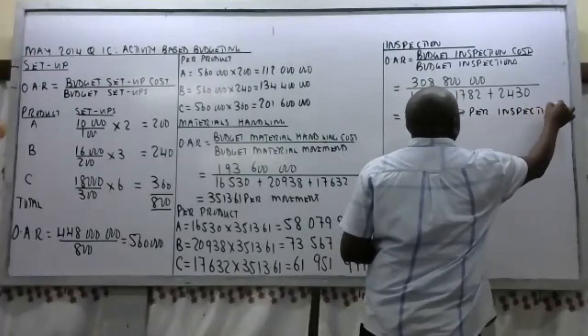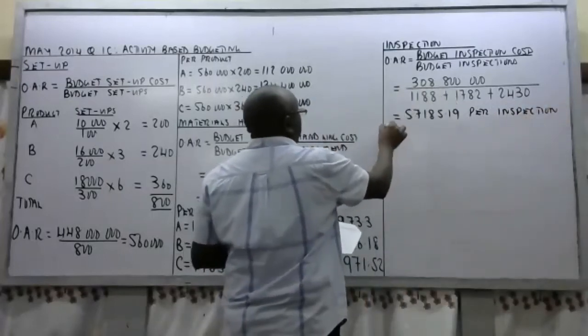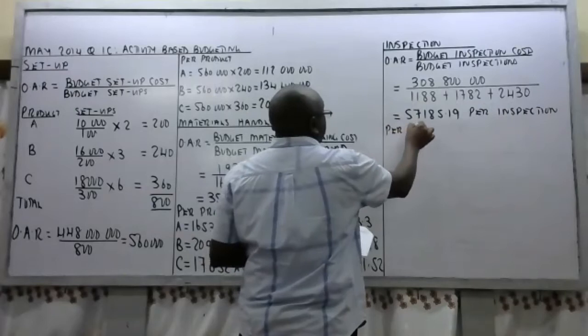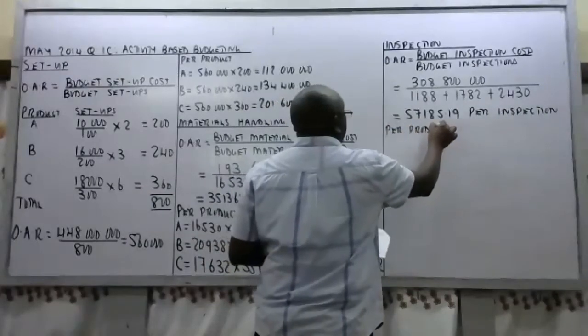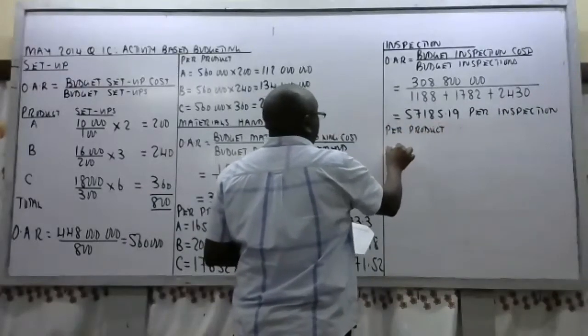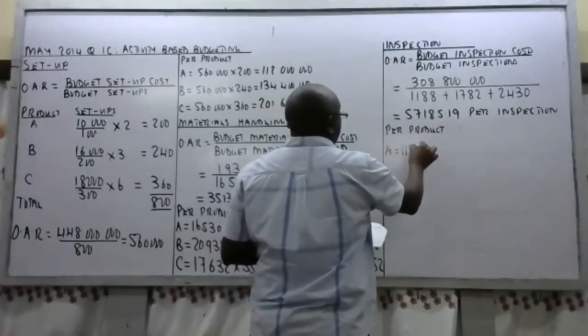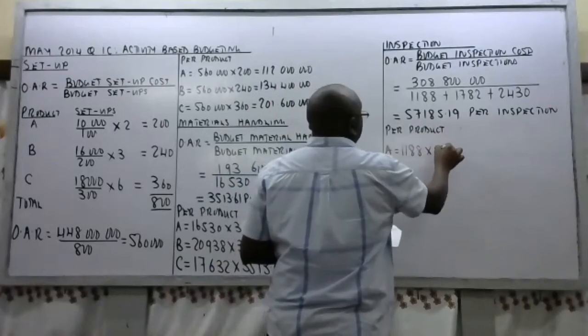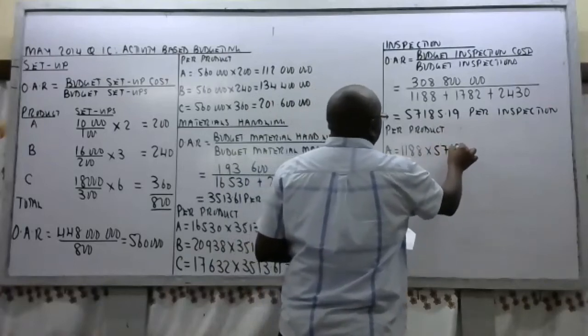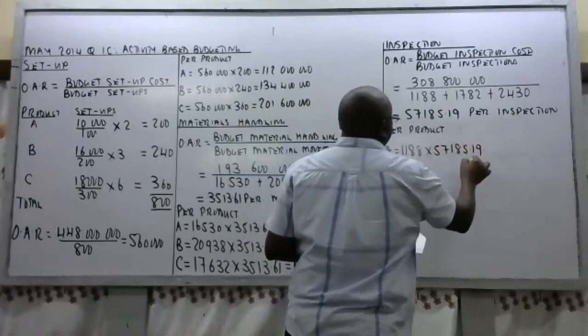Per inspection. So when you do per product, A should receive 1188 times 57,185.19.